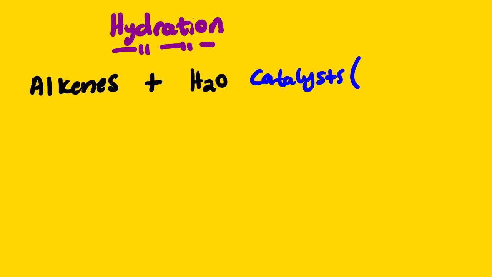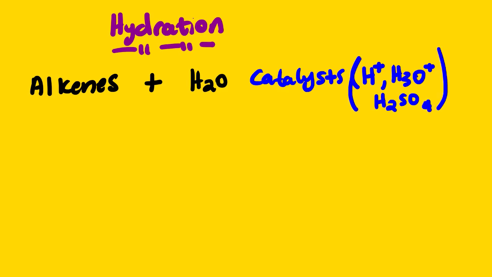The most common catalyst we'll be using is the hydrogen ion, hydronium ion. We'll also have sulfuric acid and other acids, but these are the most common which we'll be using in this lesson video.